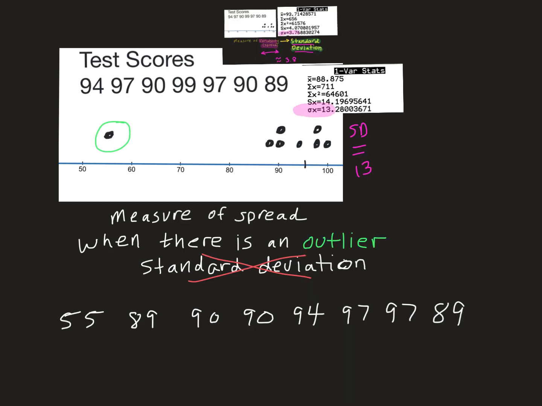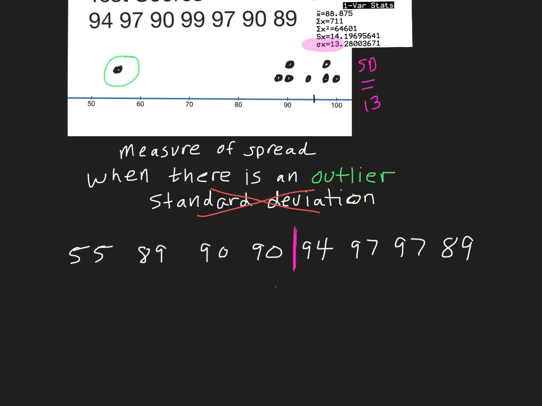So recall a minute ago where we found our median. Our median is right in the middle. And recall from previous lessons that we've learned what the Q1 is. Remember that the Q1 is the middle of the lower half of the data. So in this case, it's 89.5.